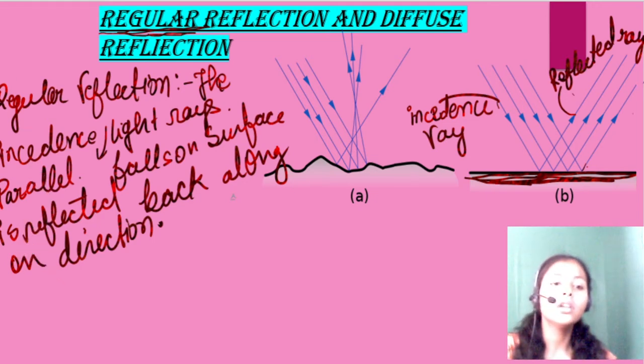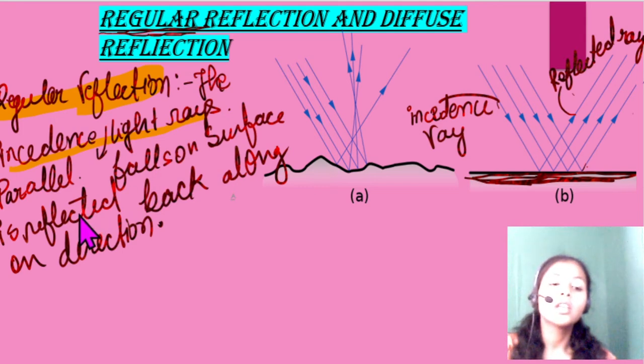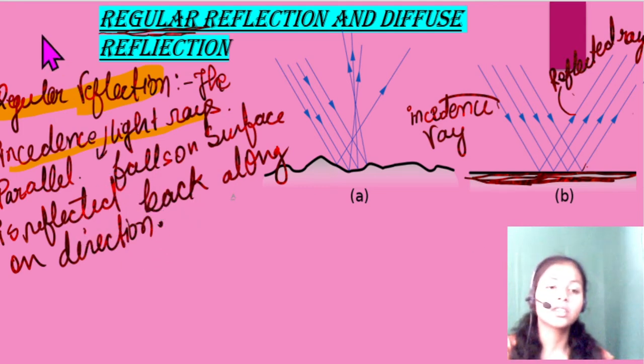This is about regular reflection. What is regular reflection? The incidence parallel light rays fall on the surface and are reflected back along one direction.